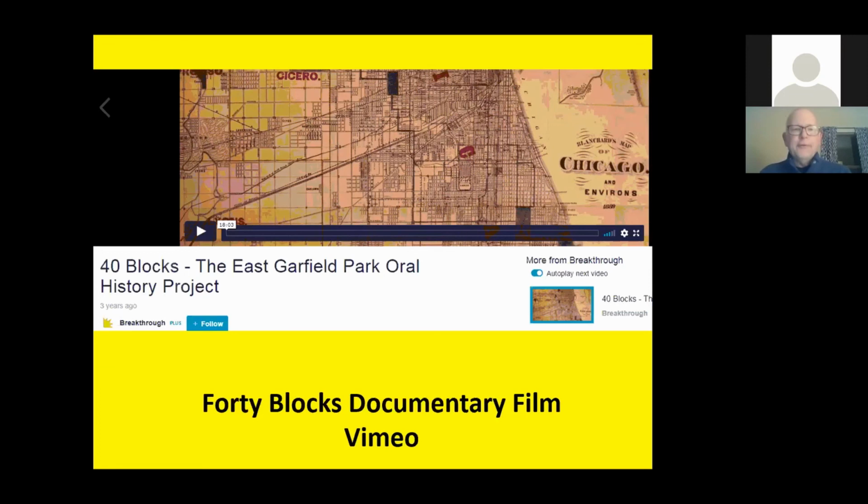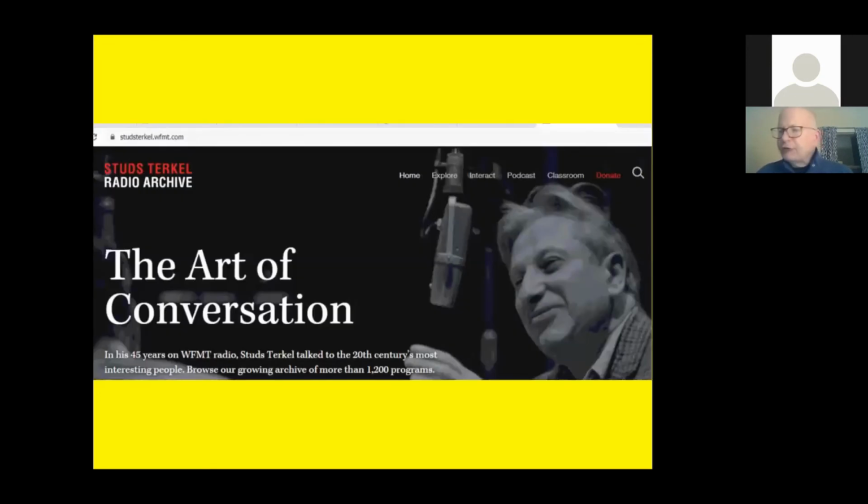the history fair. The last little resource bit is the Studs Terkel Radio Archive. That well-known self-described disc jockey, TV and radio actor, author, Pulitzer Prize winner, oral historian and historian, Studs Terkel, when he retired from WFMT in the 1990s, came to the then Chicago Historical Society as a scholar in residence.